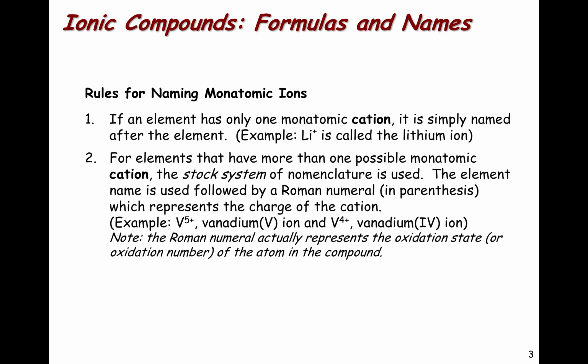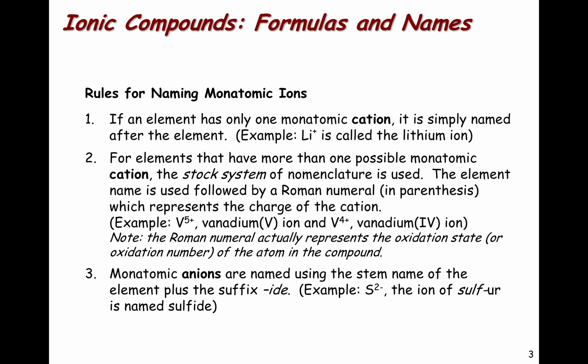This Roman numeral will correspond to the charge of the ion. So, for example, if we have vanadium, which is 5 plus, this would be named the vanadium Roman numeral 5 ion, whereas vanadium, which is 4 plus, would be vanadium Roman numeral IV, or Roman numeral 4, ion.